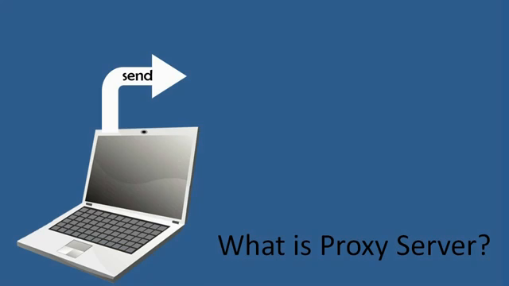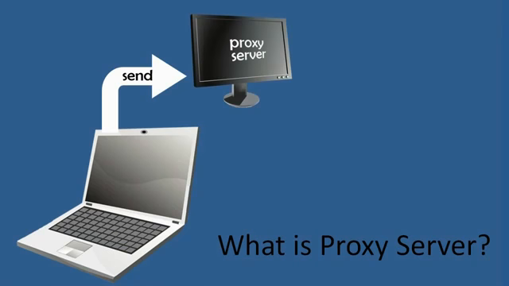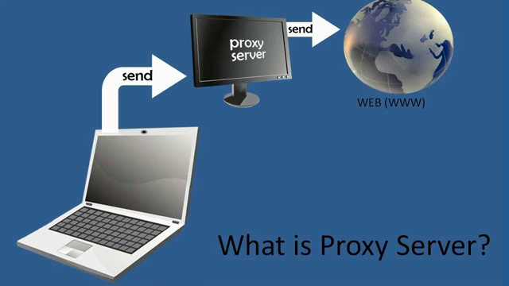And that third party is called a proxy server. So basically, your computer is sending the information to a proxy server. The proxy server receives that information, and it's sending that information to a website that you're trying to access on the web. The website could be an informational website, or anything.